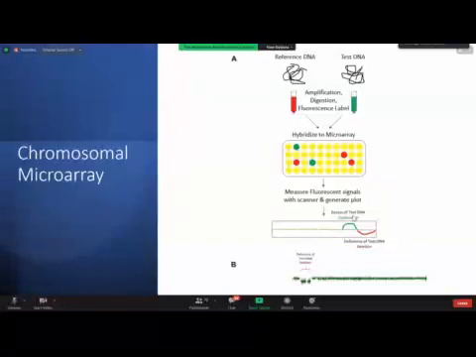When you get the result, you put the result in software and it tells you, for example, if you look here down, that this part is deleted. And then of course, if there is an additional copy, it will be an insertion. So you actually know insertion and deletion in microarray.